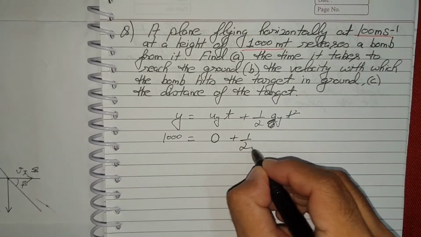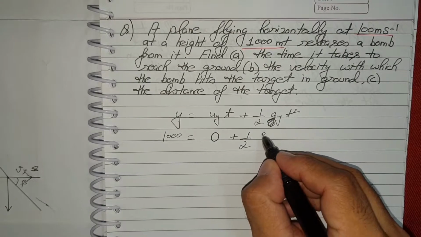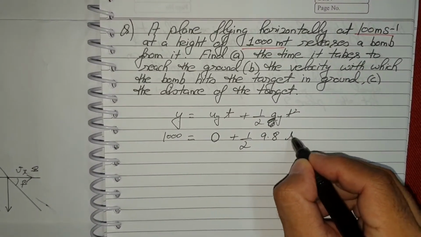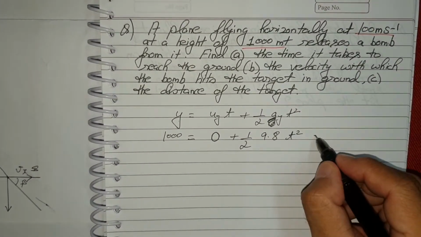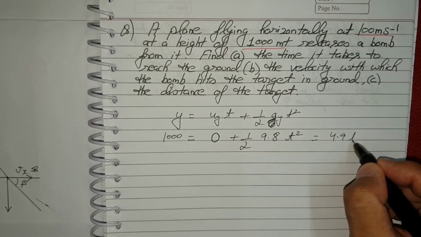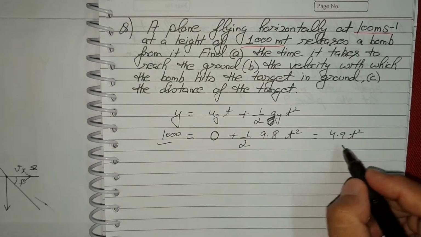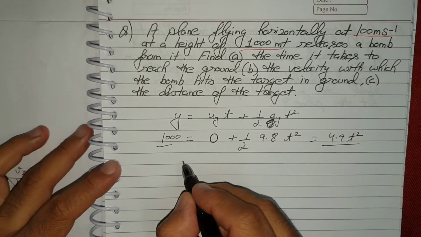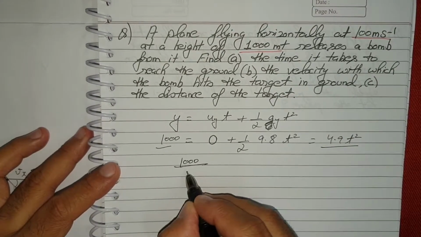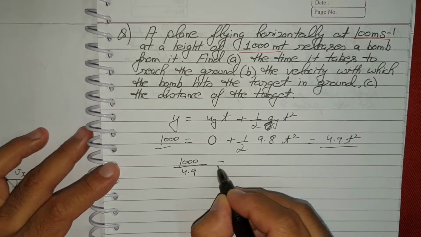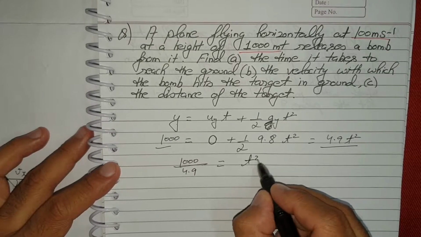So 1000 meter is equal to 0 plus half into g, which is 9.8, into t square. Half of 9.8 is 4.9 t square. So 1000 equals 4.9 t square. So 1000 by 4.9 equals t square.